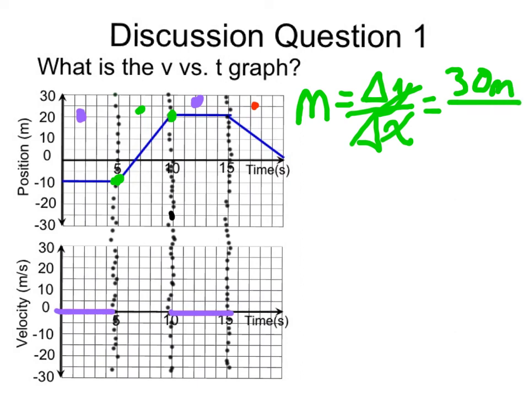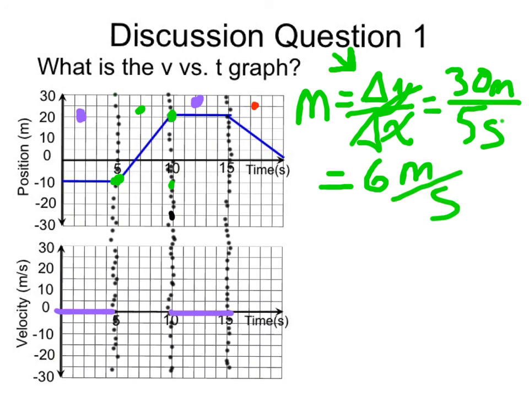Also notice that I included the original formula, which is something nice to do for anyone reading or grading your paper like me or an AP reader. Anyway, we did that change of 30 meters in the difference between 5 seconds and 10 seconds. So that would be 5 seconds. Simplify that, we get 6 meters per second.